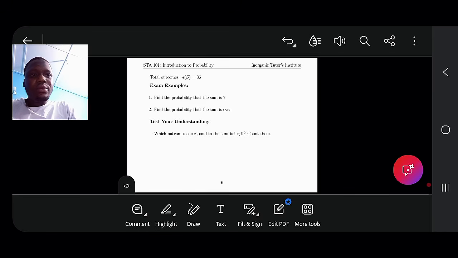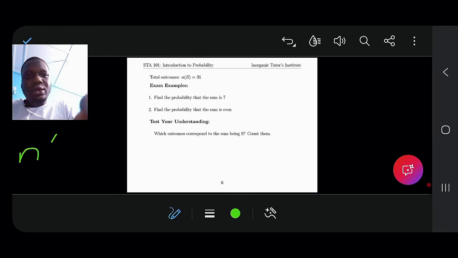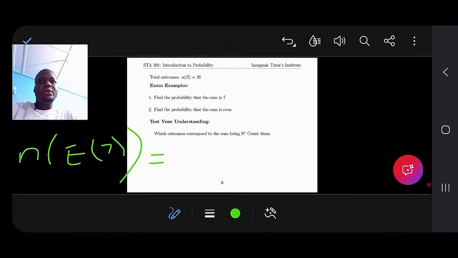So how many possibilities give us that? 1 6 is 1, 2 5 is 2, 3 4 is 3, 4 3 is 4, 5 2 is 5, and the last outcome is 6 1, so 6. 6 outcomes give us a sum of 7.